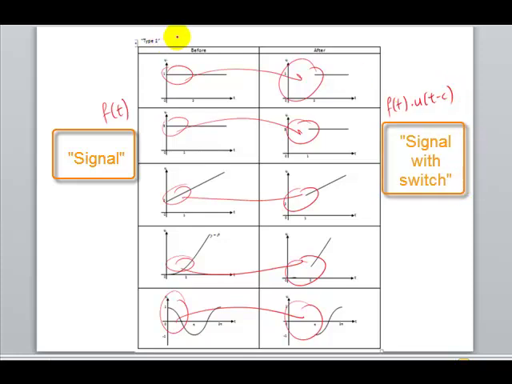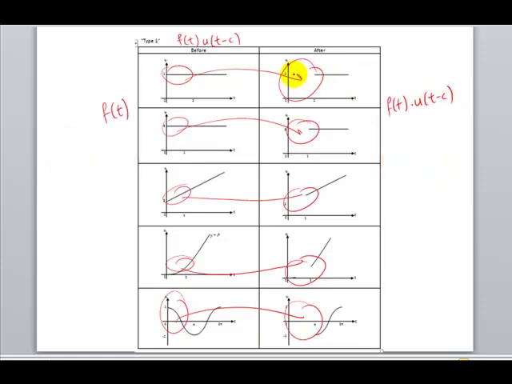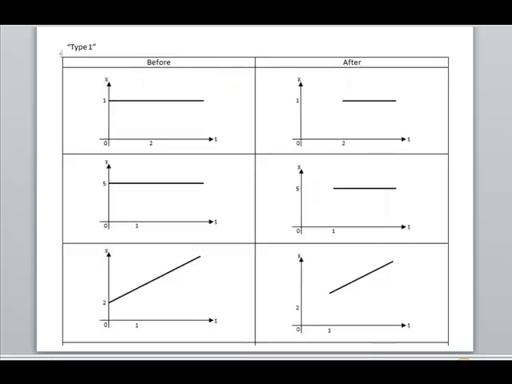So type 1, we are going to find out how to sketch unit step function with a signal in front. Basically, the idea is to have the original signal function, which is f(t), drawn out, and subsequently incorporating the unit step function, we will just have to take off or switch off the front part. So let's now go into detail.